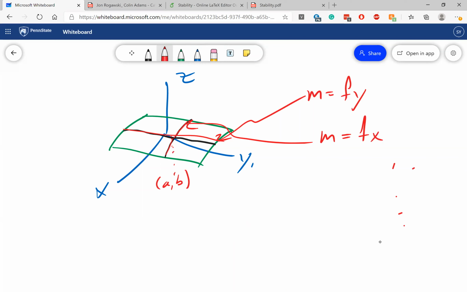Now, once we have this, we can think about the two vectors for f with respect to y and f with respect to x. One vector would be this, and a second vector would be this.